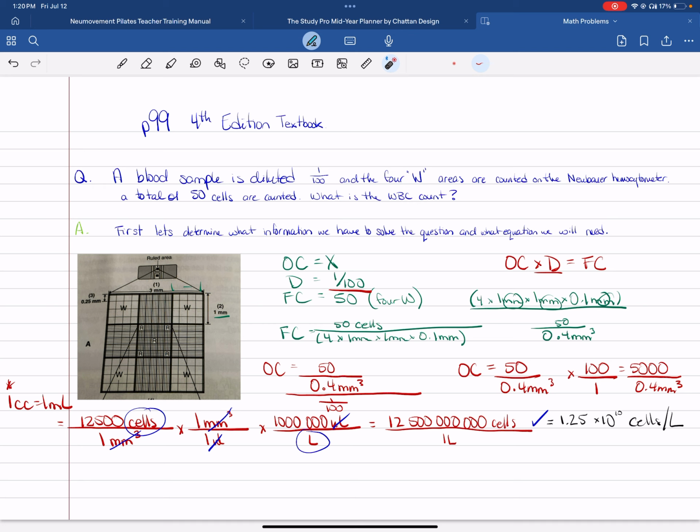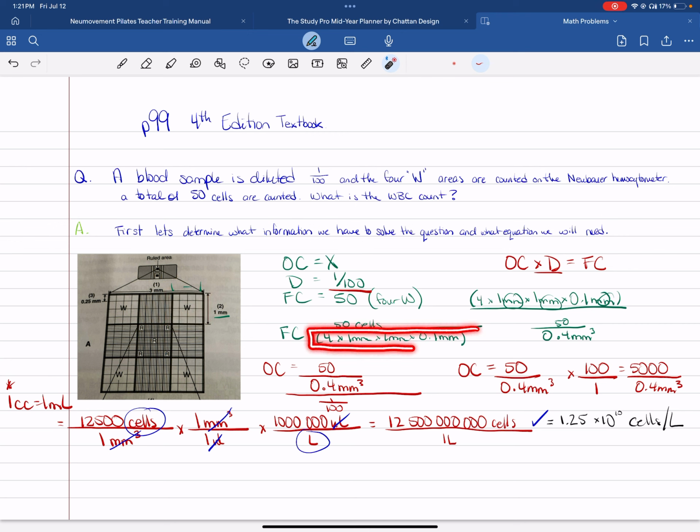That's how you determine that overall question. So remember, we needed to know our equation, original concentration times dilution equals final concentration. We needed to know the information for the W areas, which has been given and reported just like this.